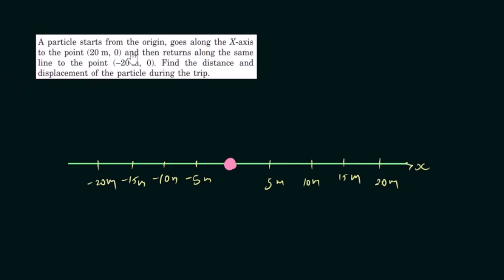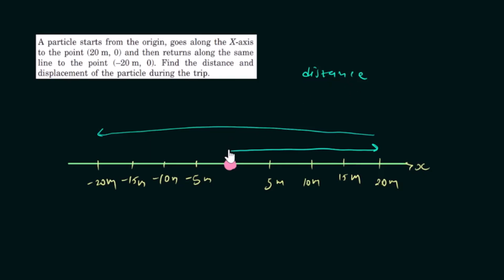First the person goes from here to here and then goes back to minus 20. This is our initial point, this is our final point. Total distance will be from here to here 20, then 20 to here again 20, and from here to minus 20 is again 20. So distance covered will be 60 meter.